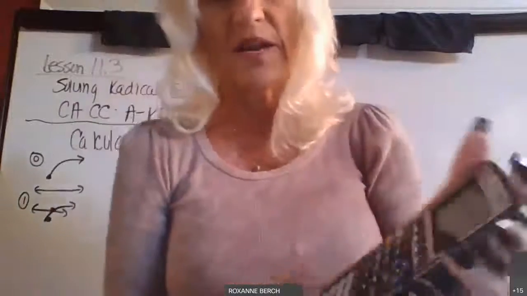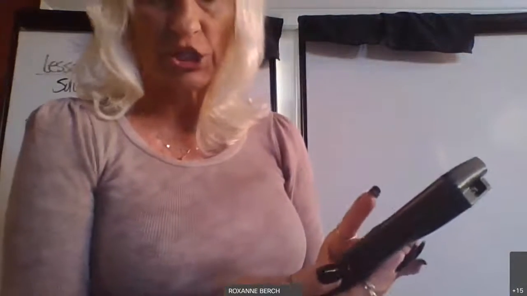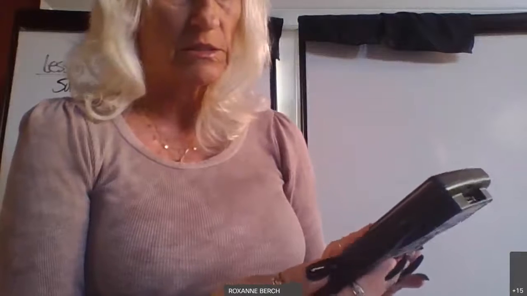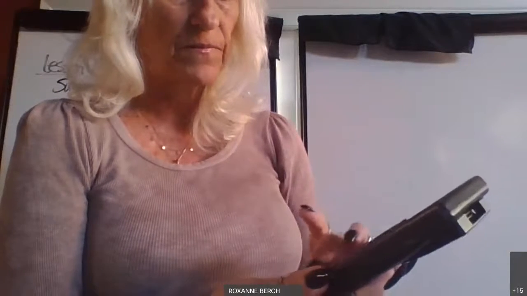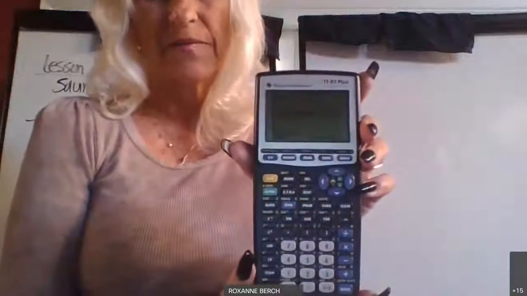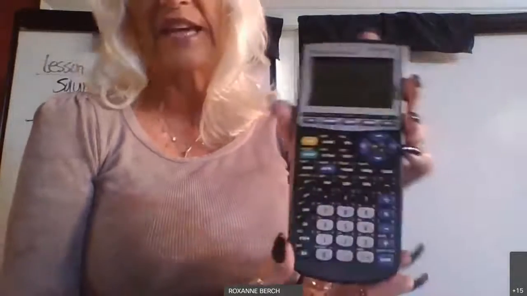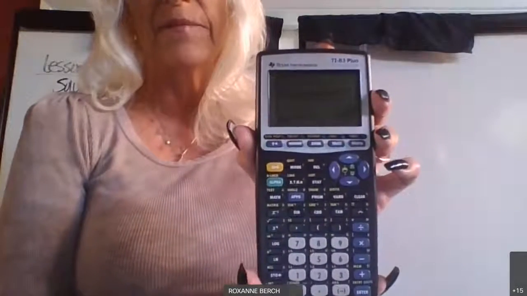So now I'm going to go into second trace and use the intersect feature. And remember your spider. So you're going to put your spider near the point and hit enter. And then he's going to jump to the other graph.